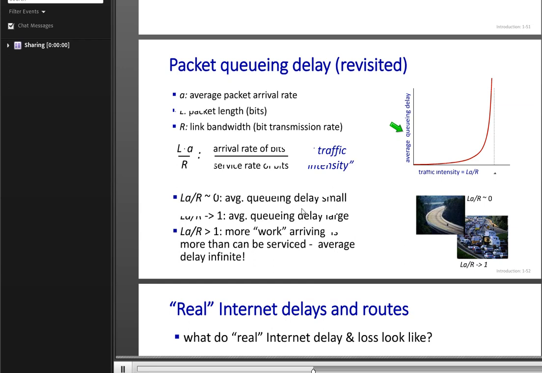Hassan Abbas asked me, how does traffic intensity happen? Traffic intensity will happen when I'm sending more packets than I predict.